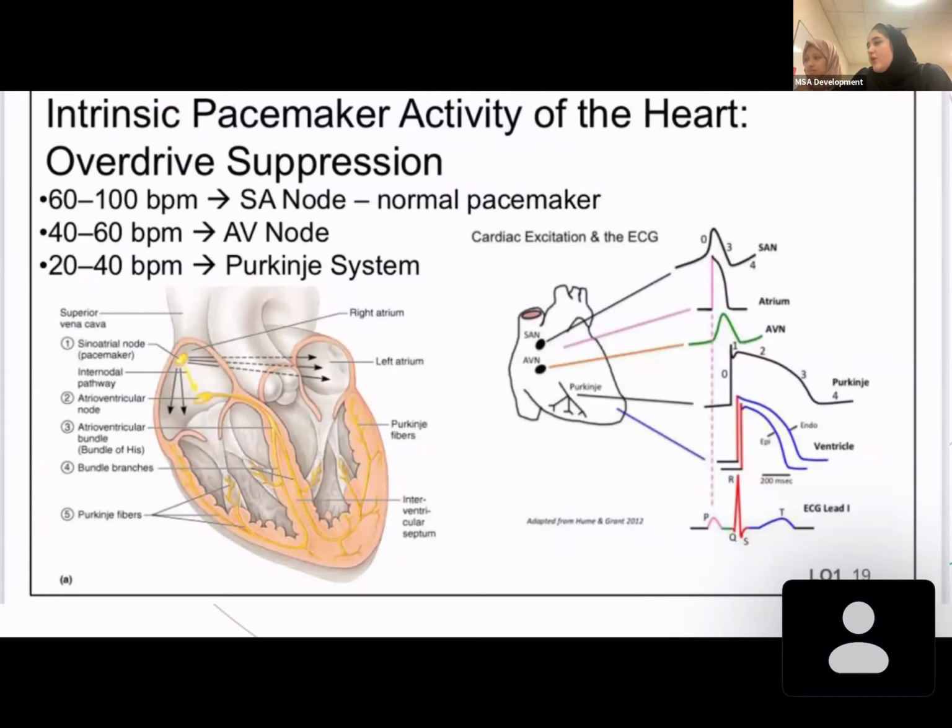You can see how the pink corresponds with the P, and then the QRS and T will correspond with phases 0, 1, 2, 3 in the ventricle. But it will not correspond to the P wave.